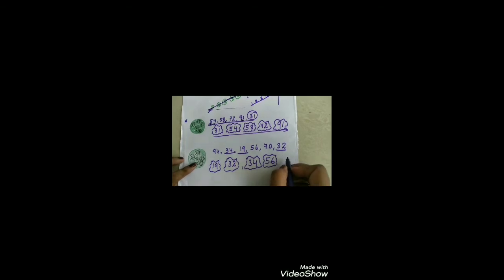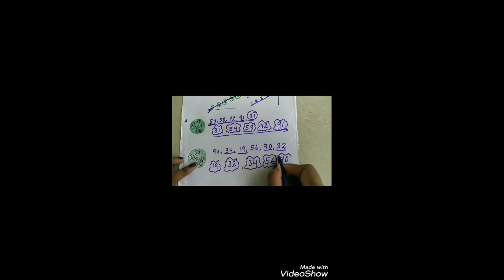After that, 94, 34, 19, 56, 70, 32. Write it as. See the next number. Next number will be 34. After that, which number? 56. Correct. After that, 70.